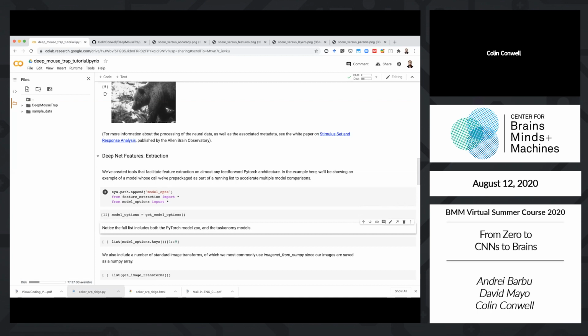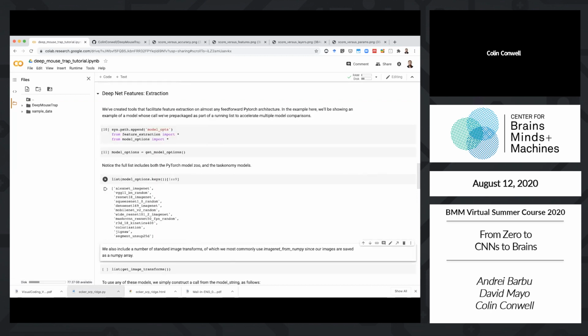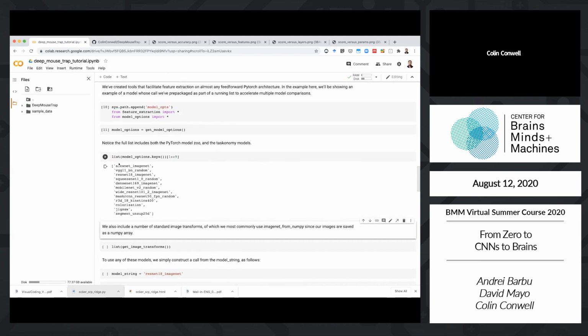And first, we're going to choose a model to use as our basic feature model. So we have various options here. We have a lot of object recognition models, including AlexNet, pre-trained on ImageNet. We have also some randomly initialized models, so some models that are fully constructed but have never learned anything. We have various other models that do things like object detection and segmentation.